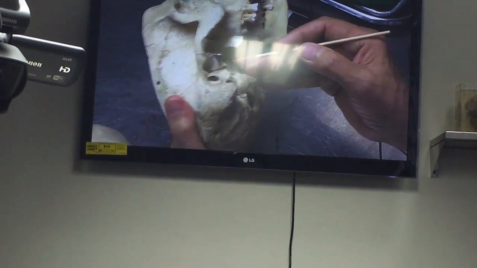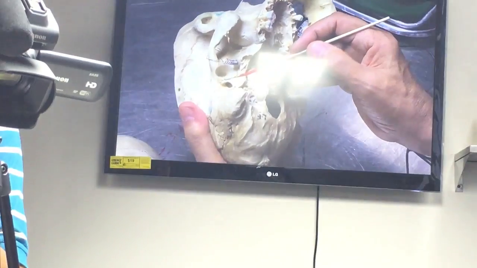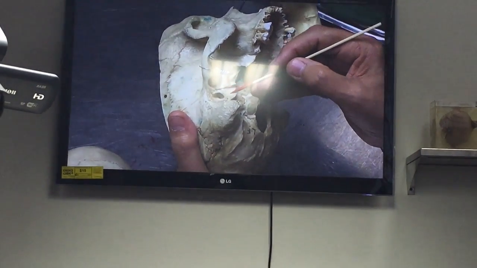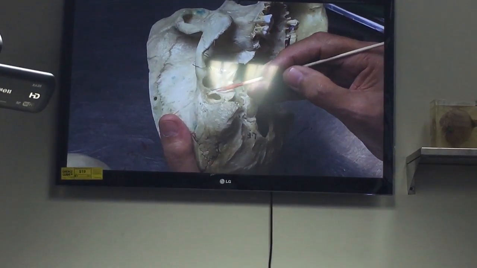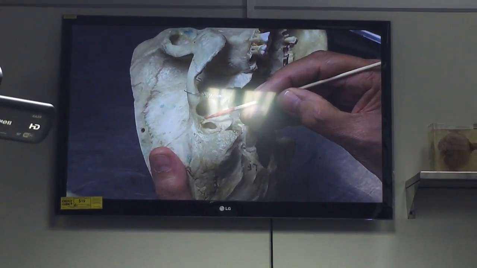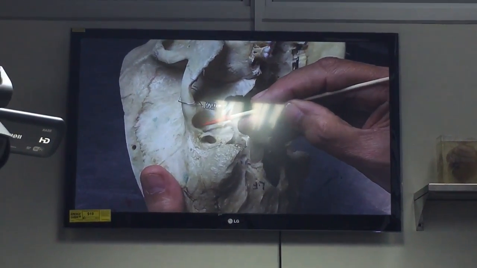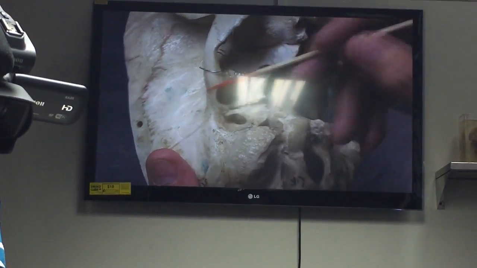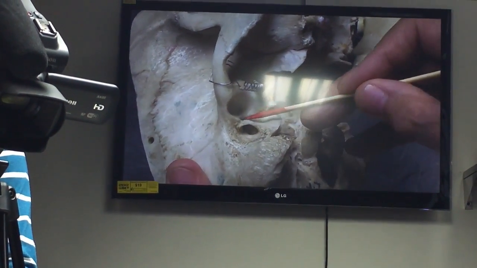If we go anteriorly to the tympanic plate of the temporal bone, we see this fissure here, which is called the squamotympanic fissure, because all of this is squamous part of the temporal bone.